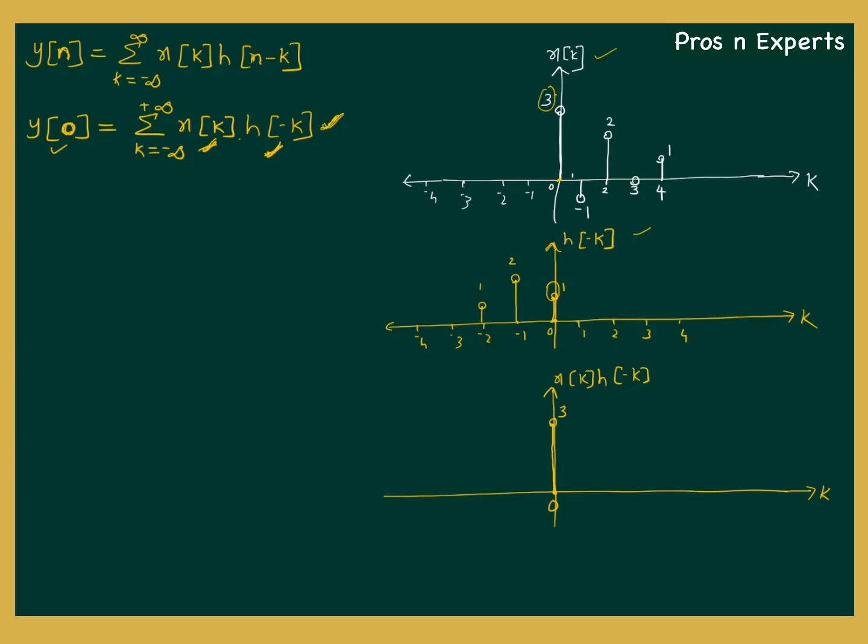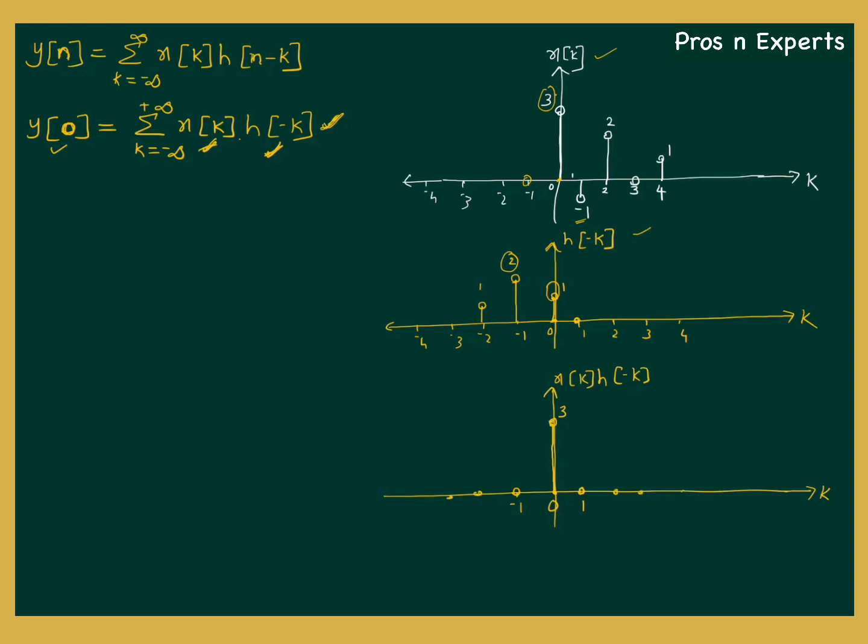Okay, and now what is the sample at minus 1? It will be 0, because the product of 2 and 0 is going to be 0, and at all other points, at plus 1 also, the amplitude here is 0 and here it is minus 1, which will give you 0. So all other samples are 0.